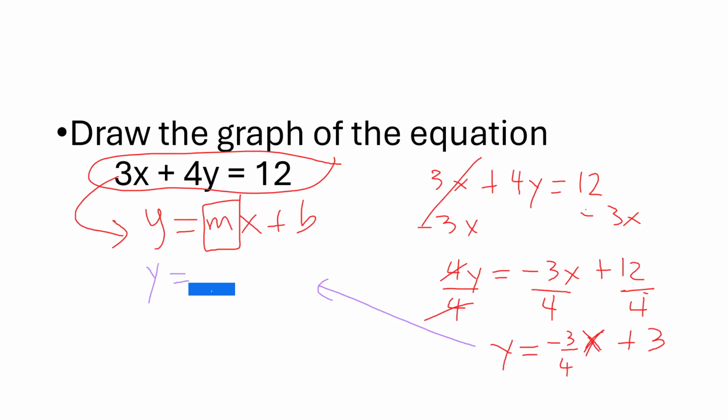Y equals negative 3/4 x plus 3. So my slope, which is m, is always attached to the x. So the slope is negative 3/4. Wow, I'm done with the problem. Found the slope. So that is how you find the slope.